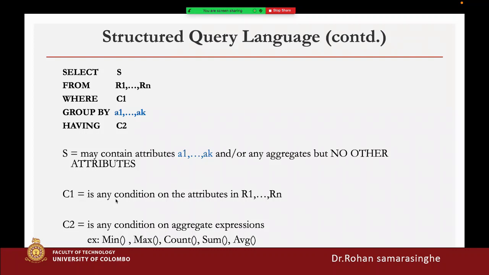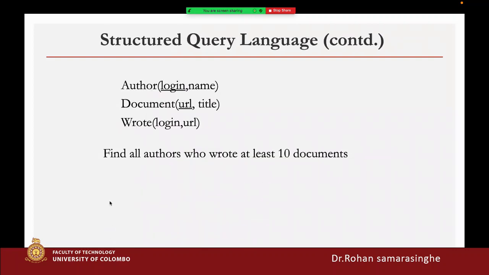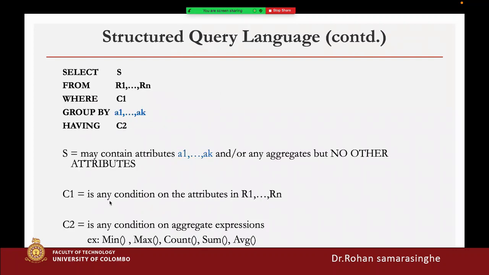C1 is any condition on the attributes of R1 to Rn, these are the tables. And C2 is any condition on aggregate expressions: min, max, count, sum and average. Having average, having count, having max, having min, like that.